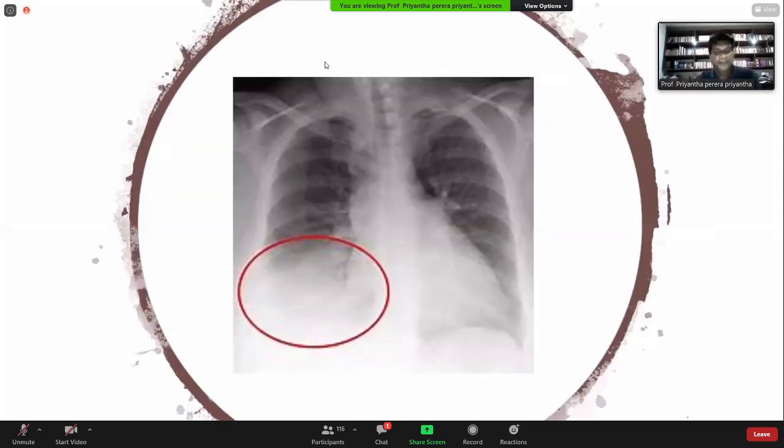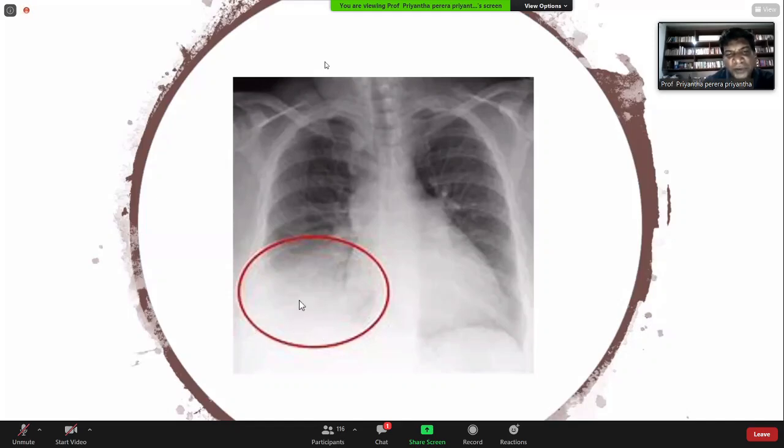This one. Right lower lobe pneumonia, right? So in right lower lobe pneumonia, the feature is that you can't differentiate the consolidation from the diaphragmatic border. Here you can see the diaphragm. Here you can see the diaphragm.